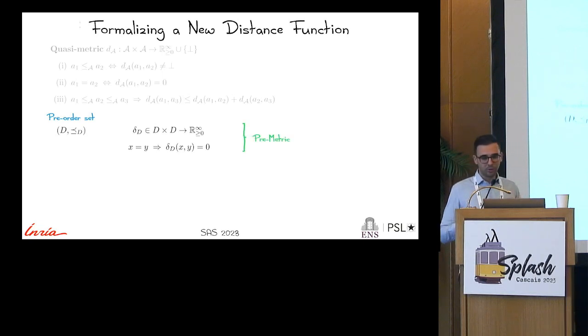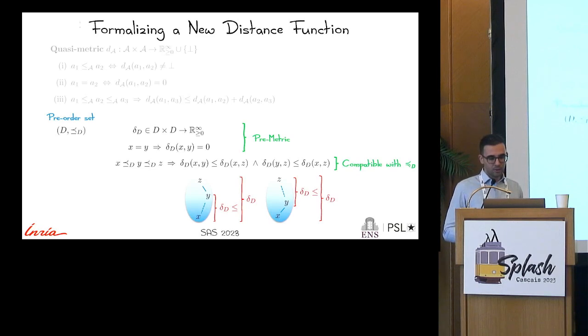And in the literature, these two axioms define what is called a pre-metric. So we need a sort of compatibility axiom over the ordering. What we are requiring for the distance function is that when we are measuring the distance between elements of the same chain, then the distance between, say, x and z is always greater or equal than the distance between any elements in the middle.